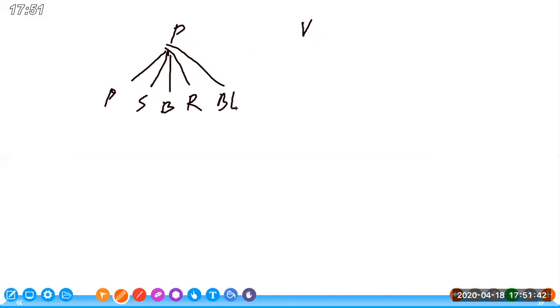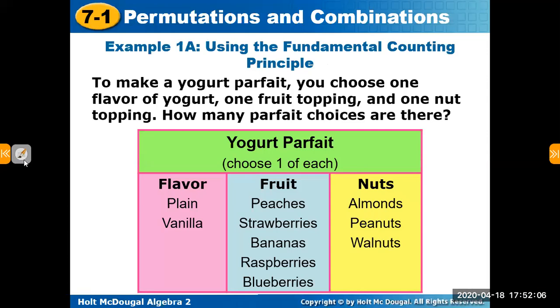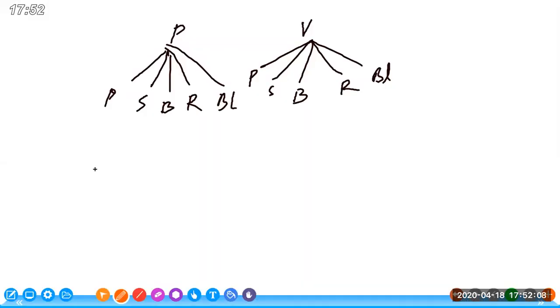Okay, I can do the same thing for this one as well. Then I have a choice of adding one nut flavor out of 3, which are almonds, peanuts and walnuts.